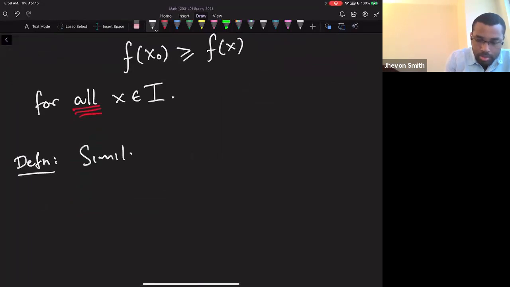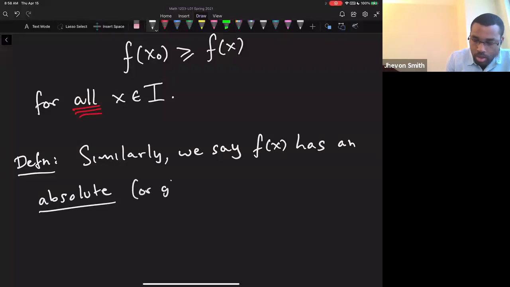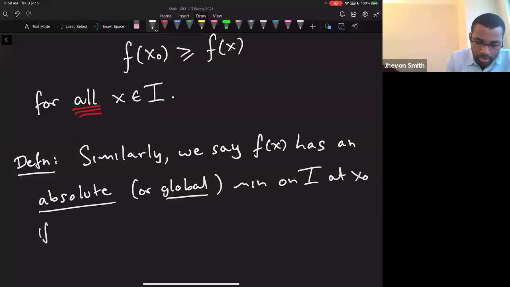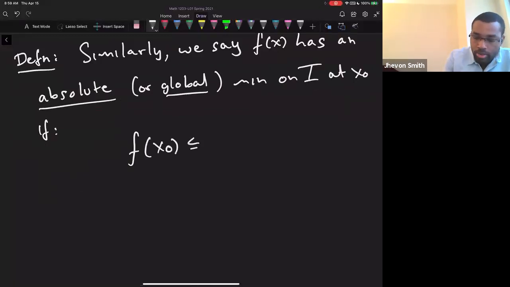Similarly, we say f of x has an absolute or global min on I at x naught if the output there is smaller than or equal to every other value.